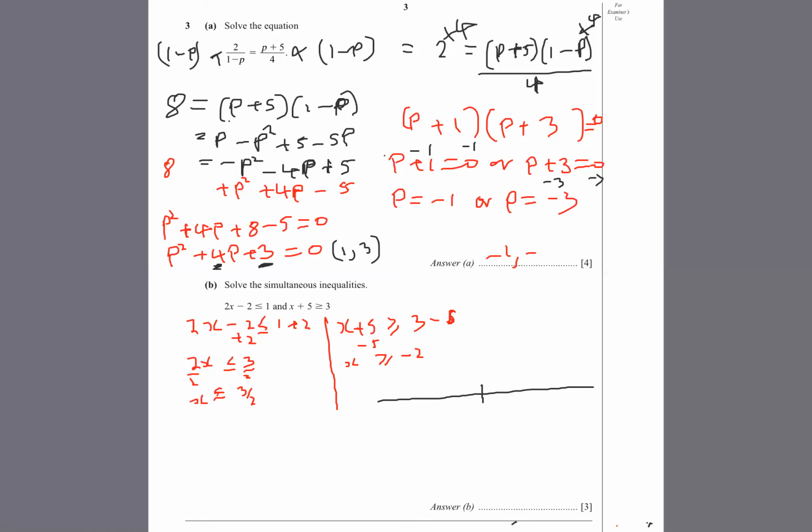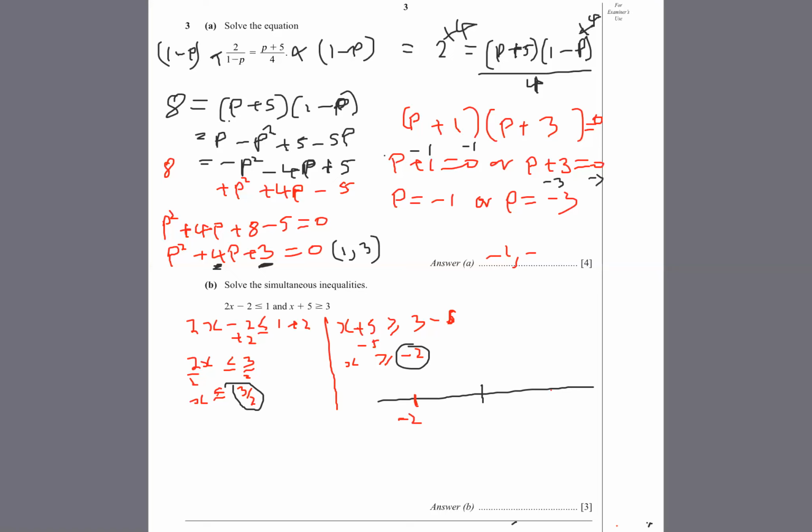So we have our critical points at 3 over 2 and at minus 2. Here it is minus 2.